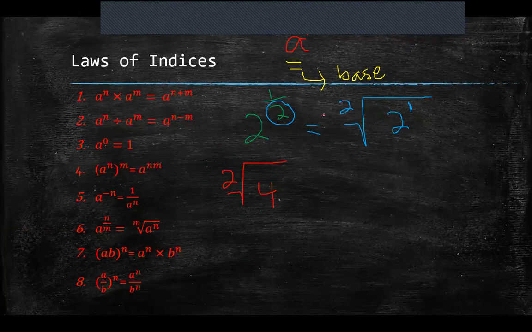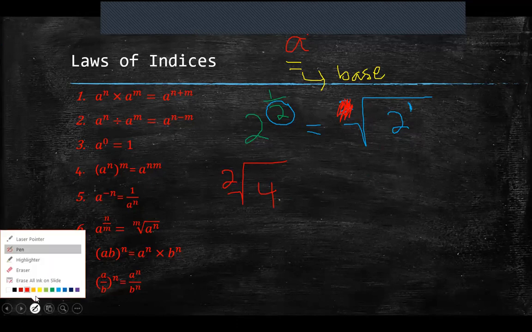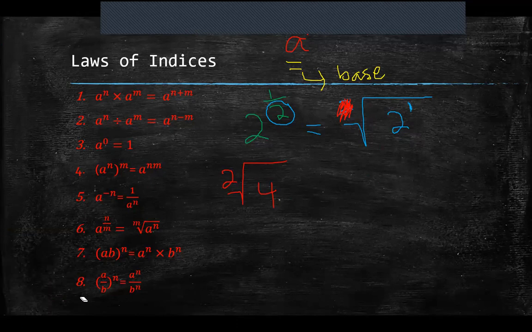So I just wanted to show you that. What I have here, to the second degree, I could just remove this sign right there. It means the same as the square root. You understand what I'm trying to say? I think you would know this, but just in case you didn't know. Yes, no? Yes, miss. Okay.